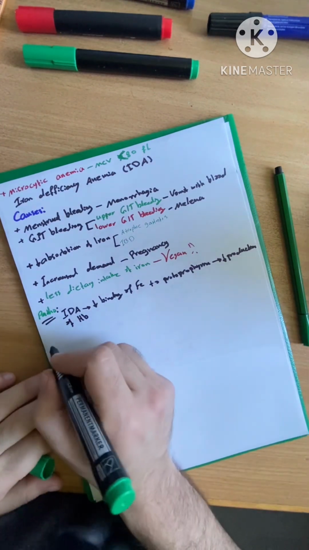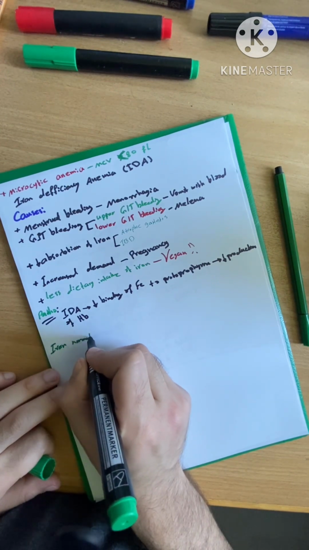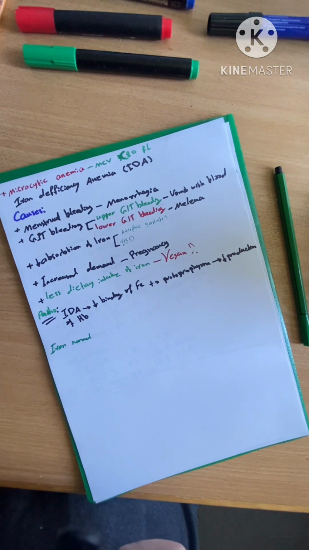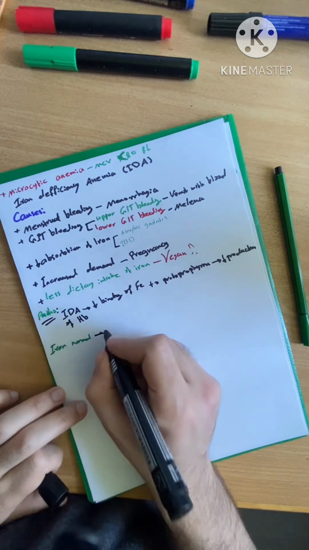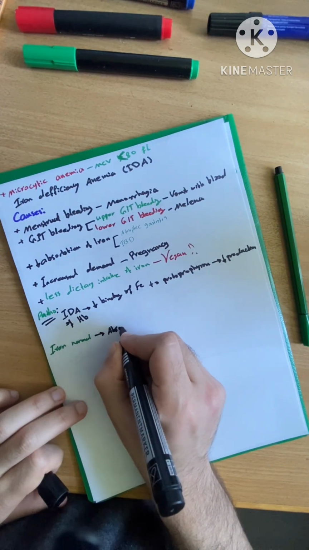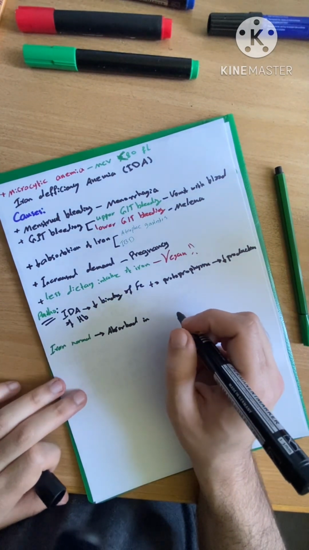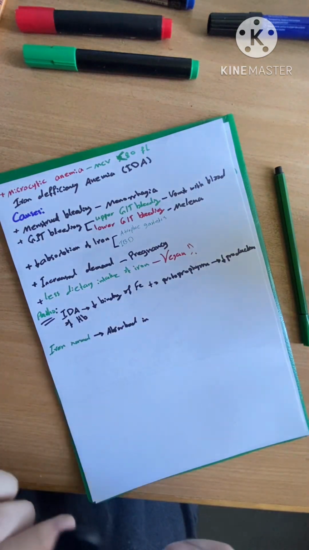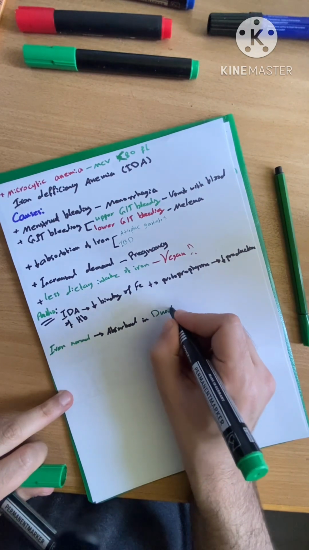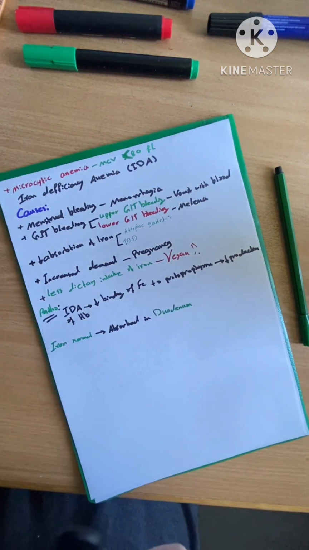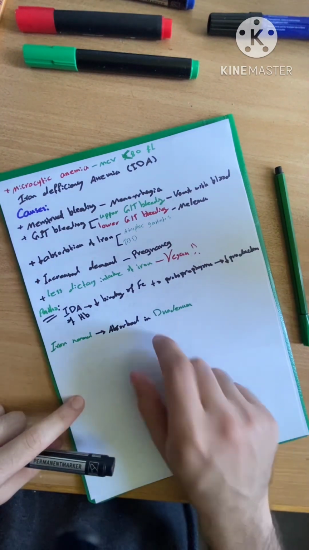Iron normally, when we take it, will be absorbed in the intestine, especially the duodenum.